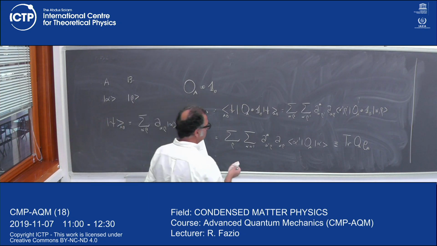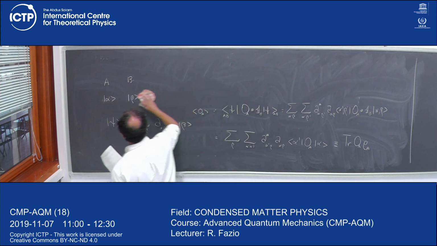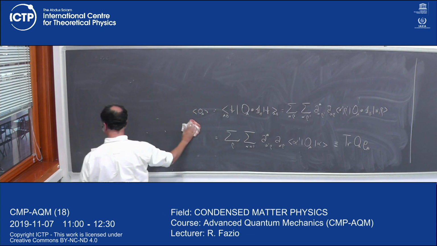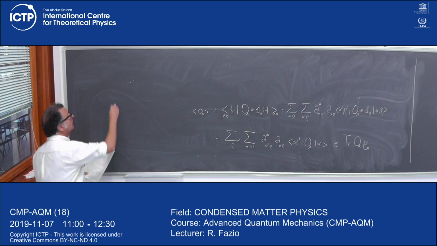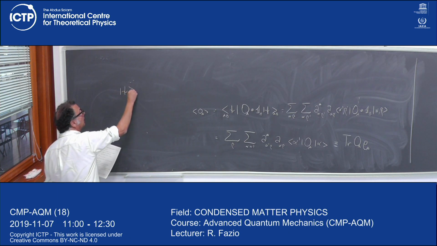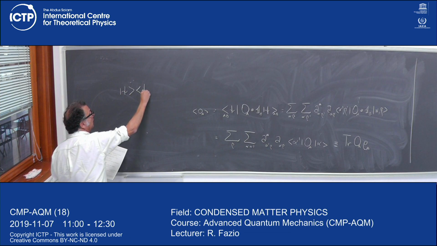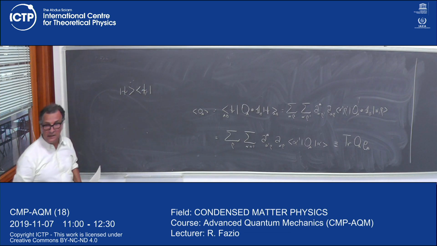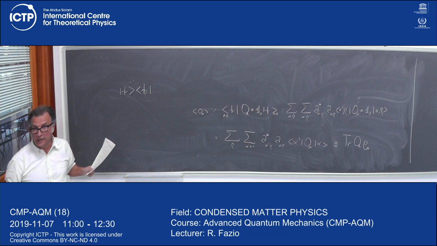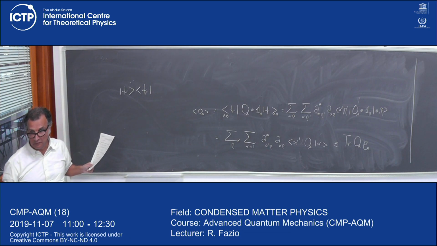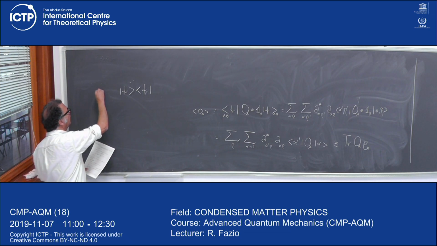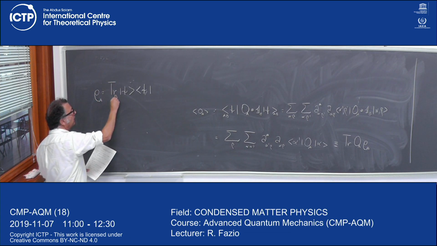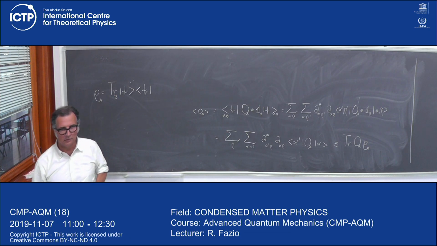This is a density matrix associated to the pure state AB. Fine? So what I would like to do is to construct the following operator. Rho A is equal to the trace over the B degrees of freedom only.